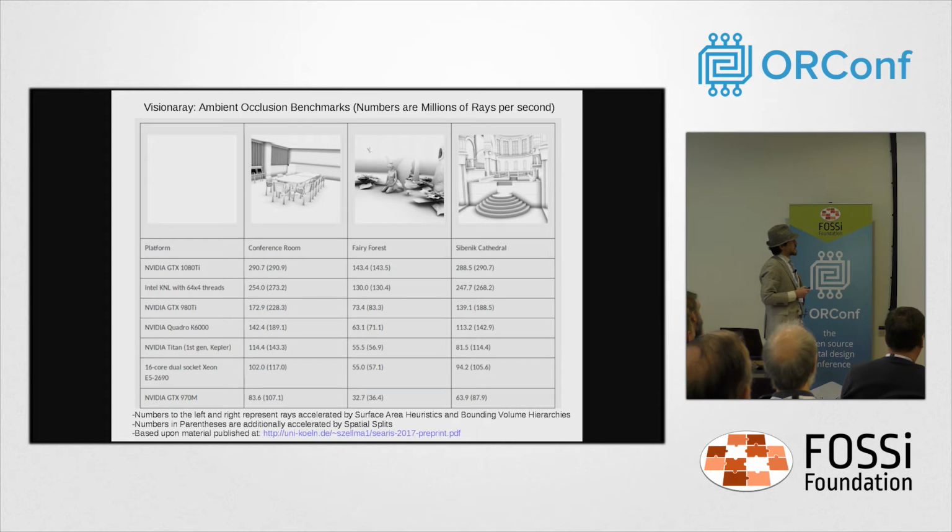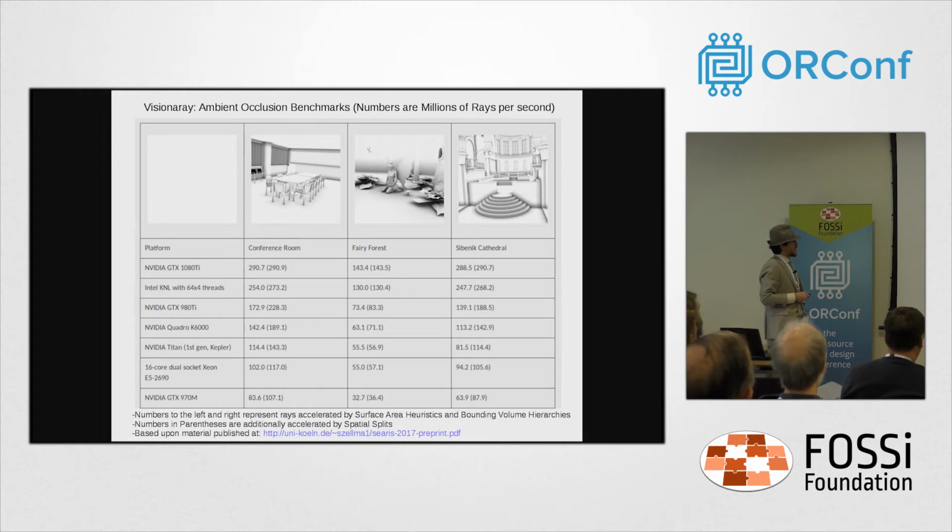So in this particular case, it's ambient occlusion, and the numbers are millions of rays per second. At the top here, you have the latest and greatest from NVIDIA. You've got a 1080 Ti. It's got roughly 290 million rays per second.